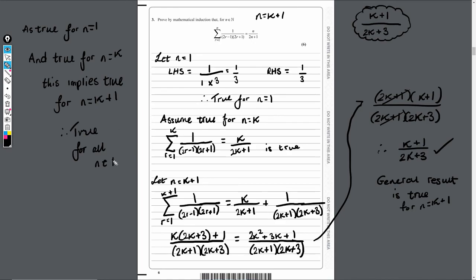I'm not really good at doing this symbol, but there we go. So there we go. That's question 3, fully complete.